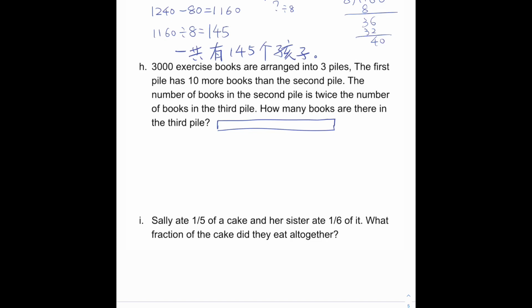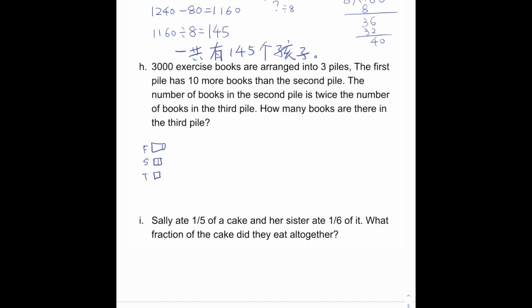Let's do it this way. Okay, I will erase this one. So we first draw 3 piles: 1, 2, 3. And the first one has 10 more than the second. And the second is twice the number of the third.